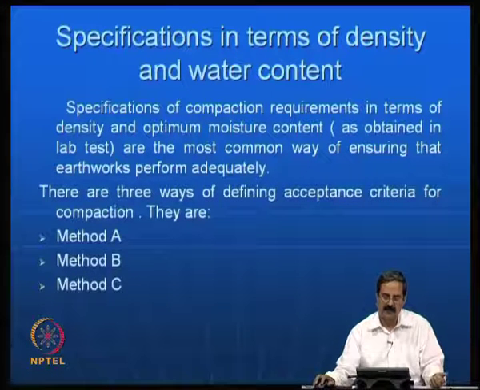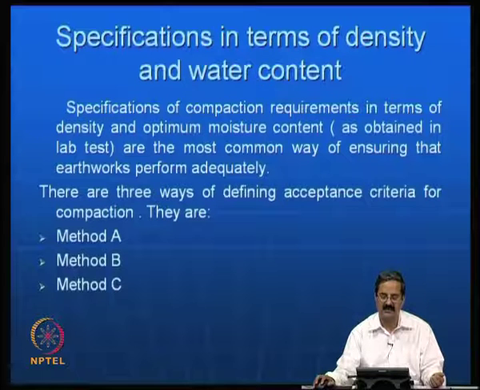Then some more points that we should understand: how these specifications are presented in the field. The objective here, as I said, is to say that the earthwork done is satisfactory.